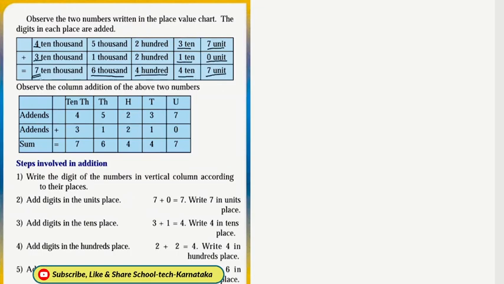So let's see how to write this in columns. We have units place, tens place, hundreds place, thousands place and 10,000s place.